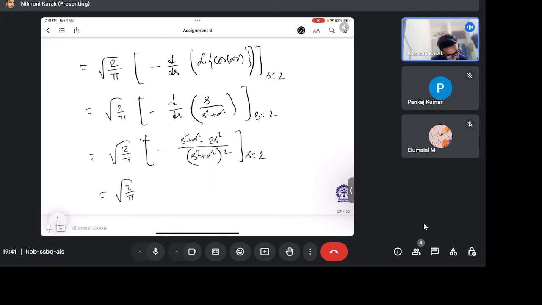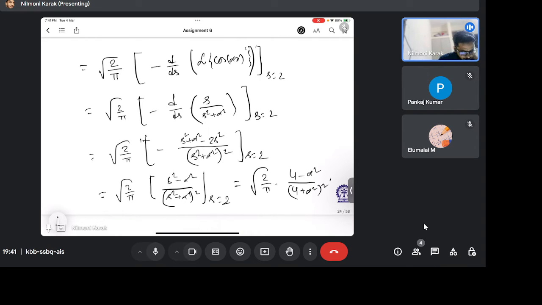So this is nothing but s square minus alpha square divided by s square plus alpha square whole square, at s equals 2. Now you can put s equals 2 root 2 by pi: 4 minus alpha square over 4 plus alpha square whole square.